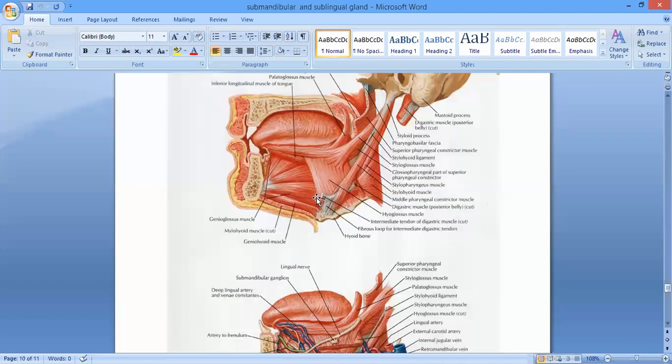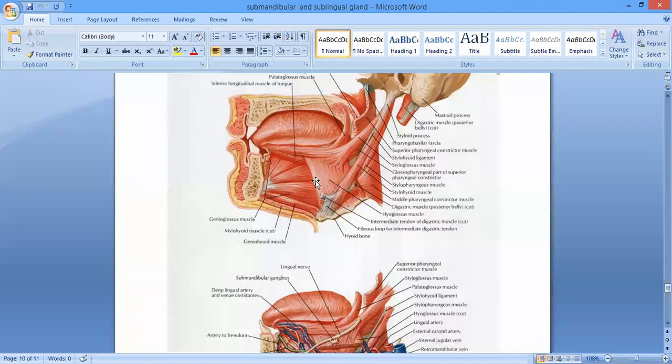So medially it is related with the mylohyoid, then the hyoglossus muscle, and then the upper part of the lower fibers of the styloglossus muscle, right? And inferiorly it is going to overlap the stylohyoid muscle and the posterior belly of the digastric muscle, right? So this is the location.